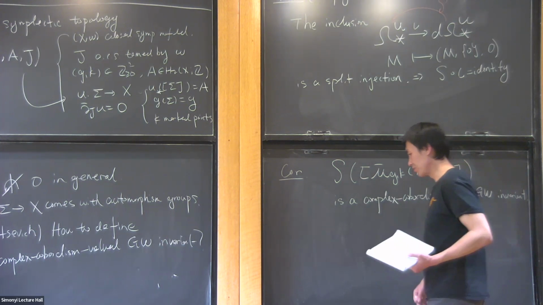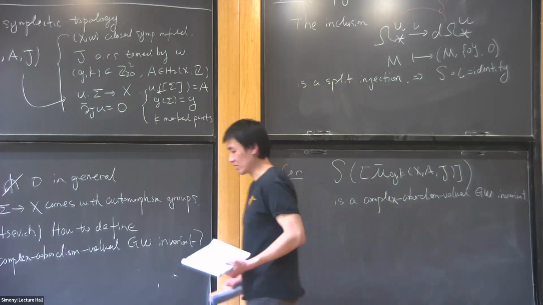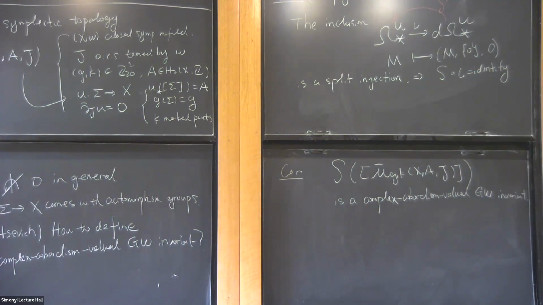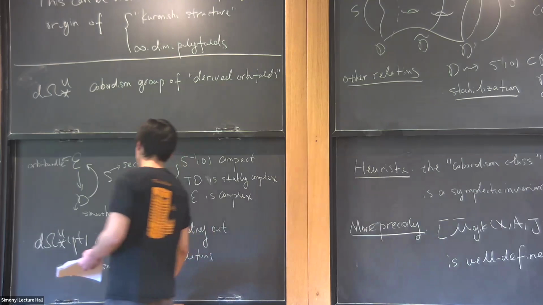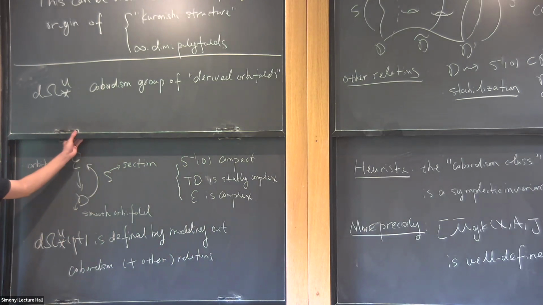So it's really a result of algebraic topology that we can split off the original copy of the complex cobordism inside this version.